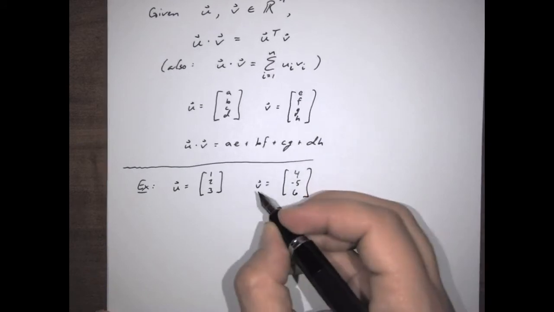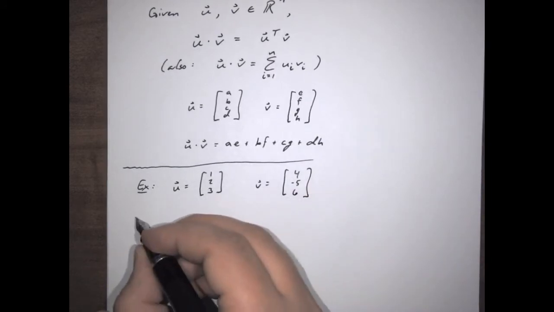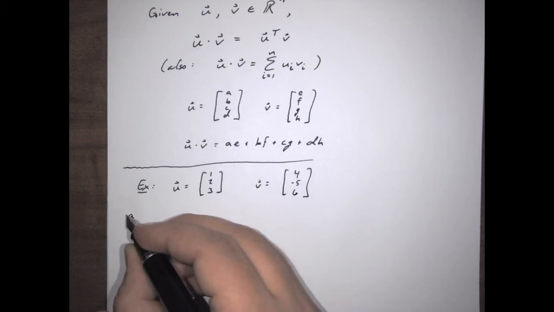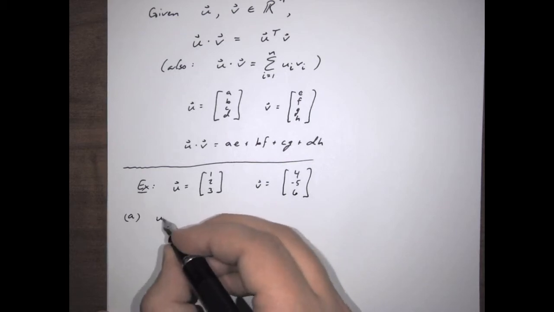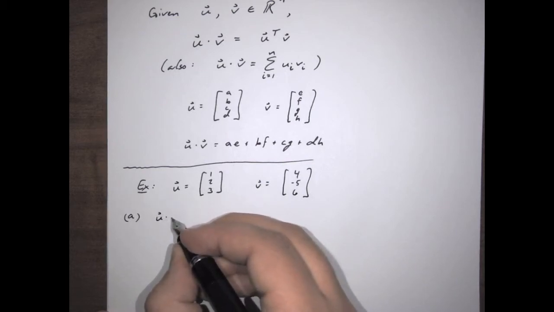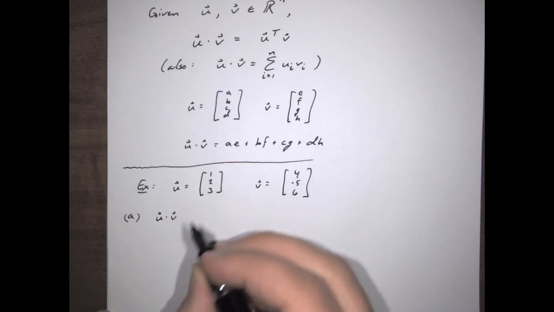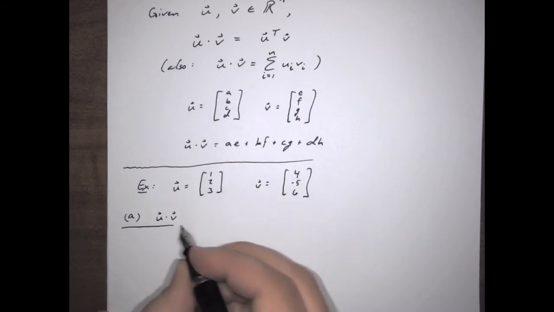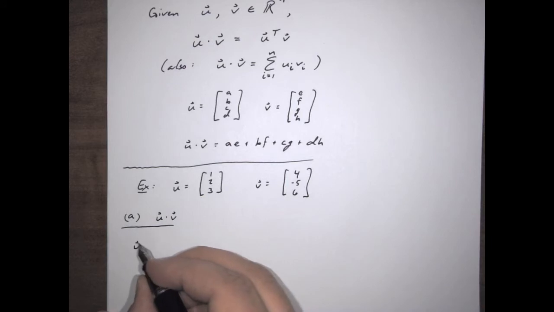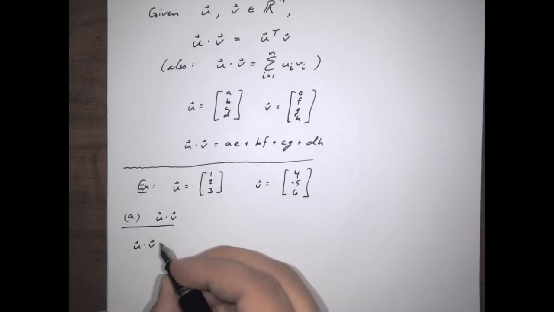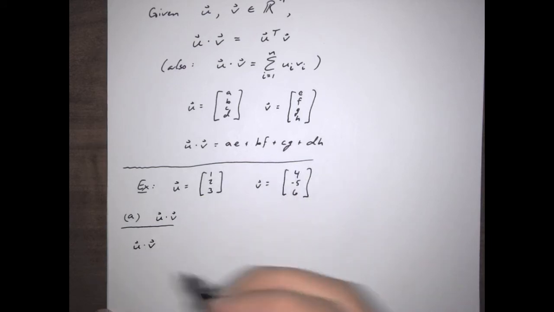Okay, there we have two vectors, u and v. So let's compute the following. Let's just say first u dot v. Okay, so u dot v. And always write the dot. The dot is not optional here.